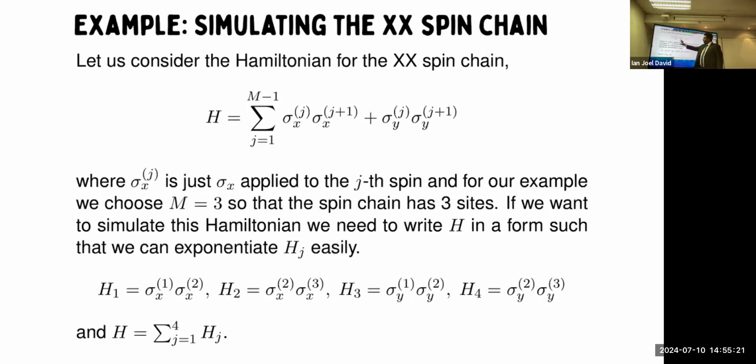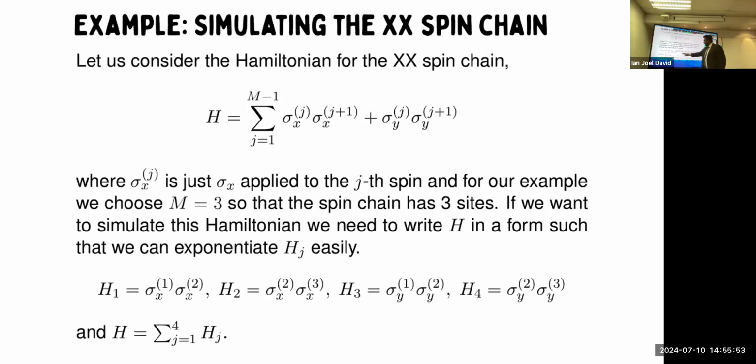But this is not a nice form of the Hamiltonian. It looks nice to write down because it gives you understanding if you're doing analysis, and you're trying to find things like the ground state, or you're doing some sort of quantum mechanics with it. But in quantum simulation, it's not in a decent enough form, because if I just use it in the plain form, I still have to find the exponential of this plus this, which is still very complicated. So what I want to do is choose these H_j's as just these individual terms here.